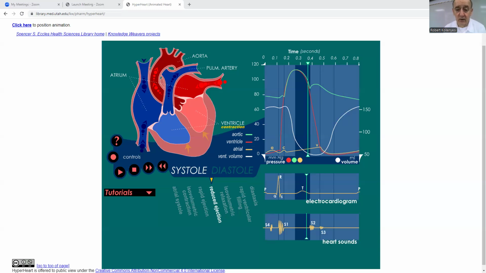Therefore, the stroke volume is going to increase. So this is a way to increase stroke volume and therefore contribute to increased cardiac output. More blood is coming into the heart. Think about doing a cardio workout.